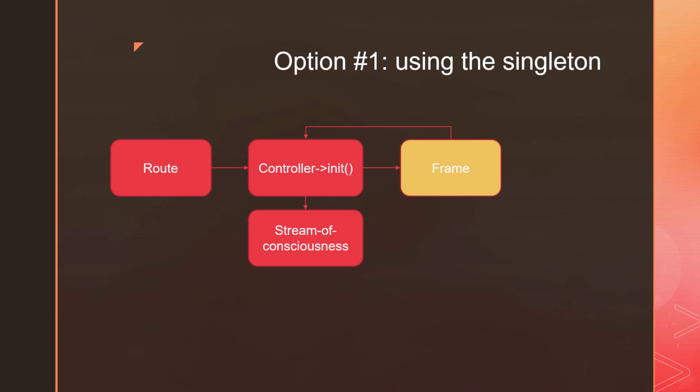In the init function, you normally then find the Unicore singleton, and that will then load a particular frame, and that frame will then extend to the controller and generate what we call the stream of consciousness. How does this look?